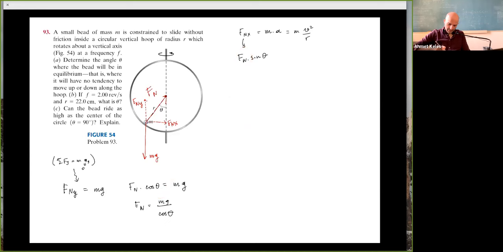If you plug in, this is equal to mg sine theta over cosine theta, which should be equal to m v squared over R. So let's drop these m's, so we have to write less.